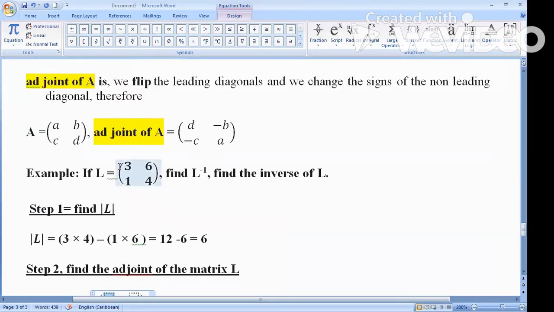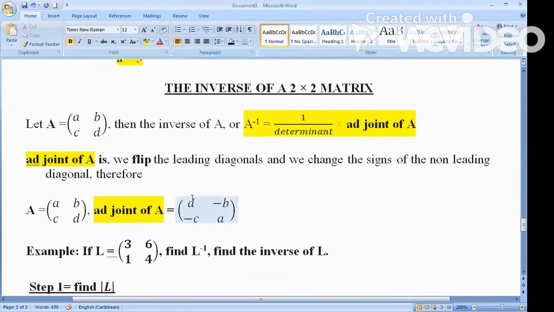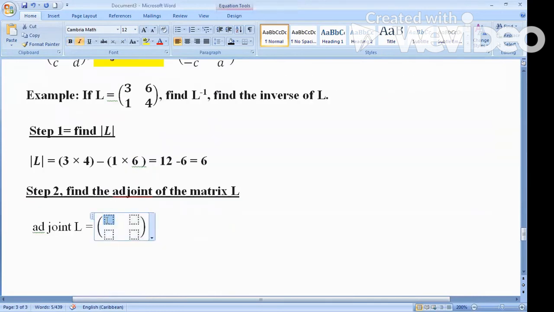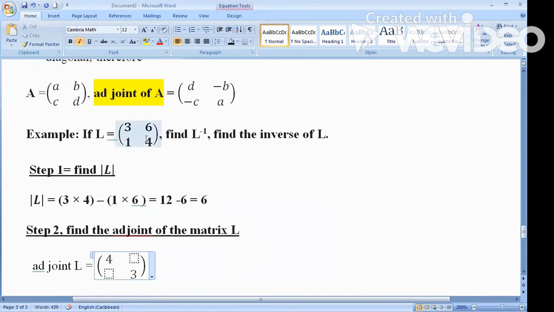What does the step say to find the adjoint? We flip the leading diagonal. So we have 4 and 3, and then we change the sign. So that's going to be negative 6, negative 1.